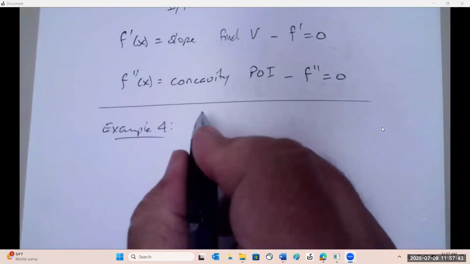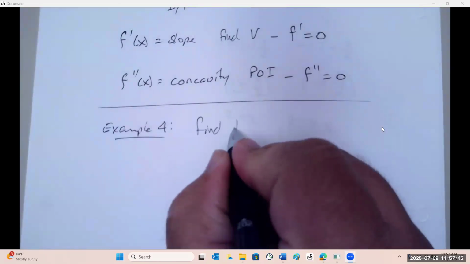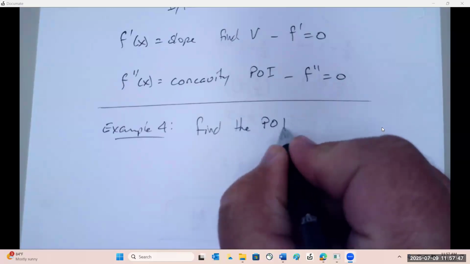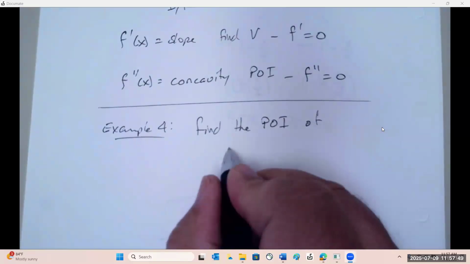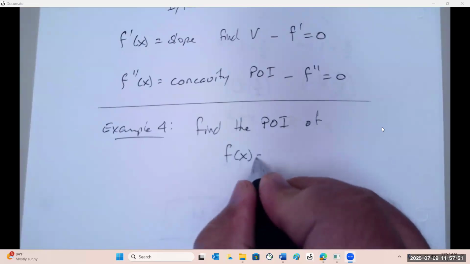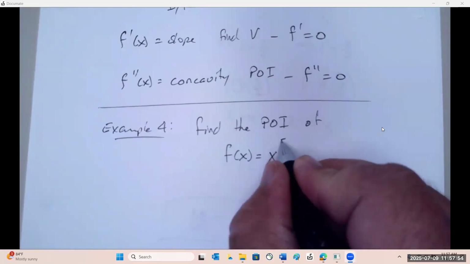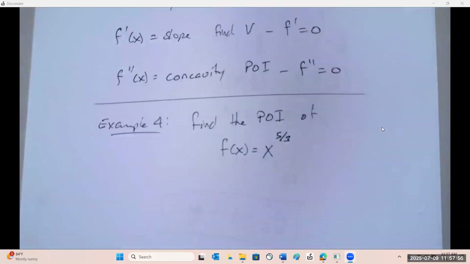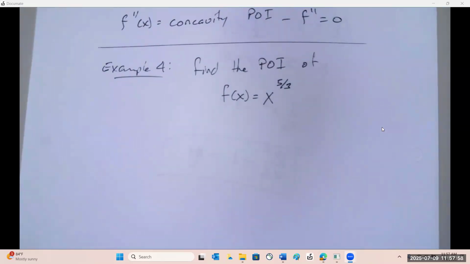Example 4. Find the POI of the following function. f of x equals x to the power 5 over 3. What do we know that graph's going to look like?